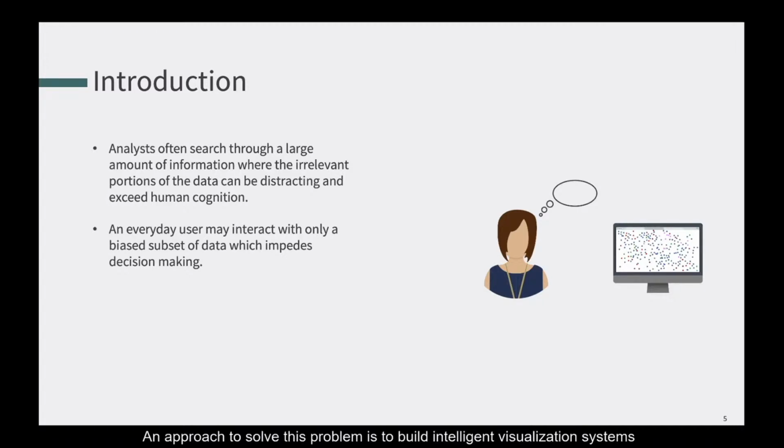An approach to solve this problem is to build intelligent visualization systems that detect those biases and in some form or fashion mitigate them. So the question we seek to answer in this work is how can we infer user exploration patterns by simply observing their interactions with the visualization? And how can we turn those into models that inform the visualization system about the user?